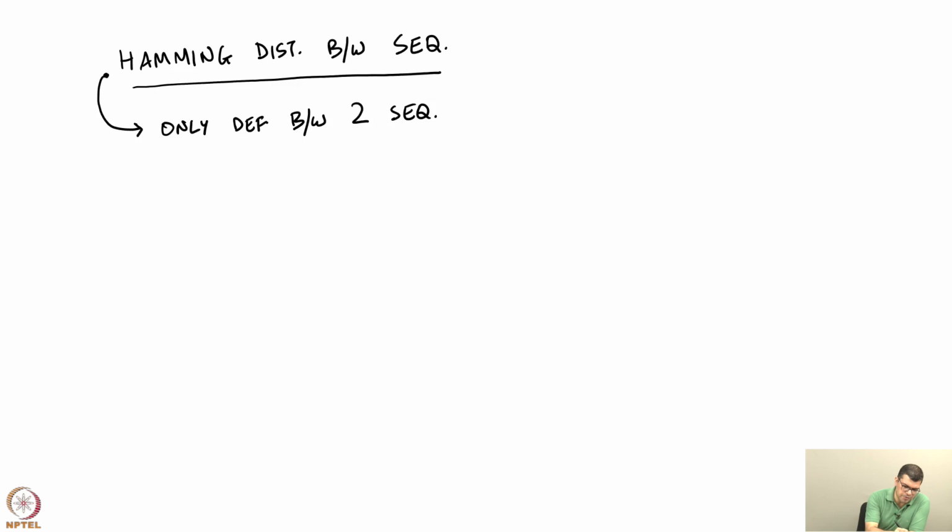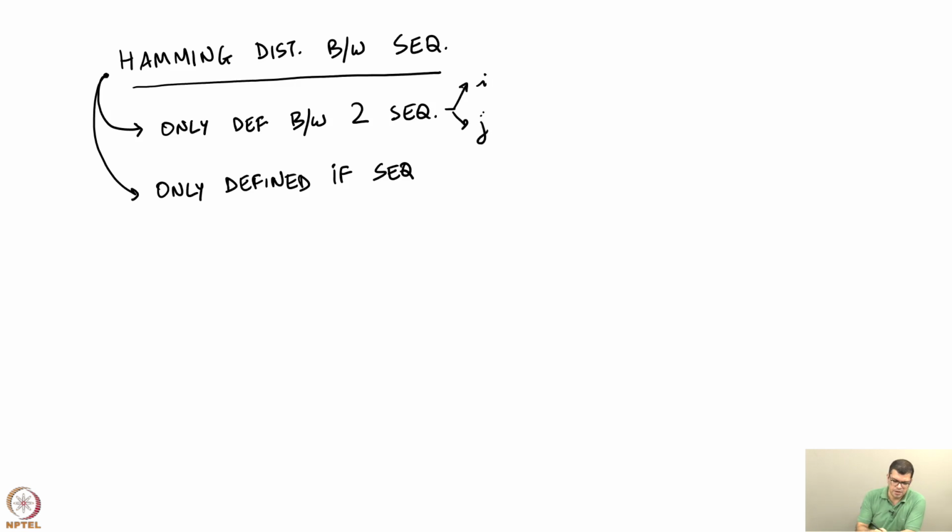And the second thing is, Hamming distance is only defined if the sequences being compared, let us call them sequence i and sequence j, are of the same length.